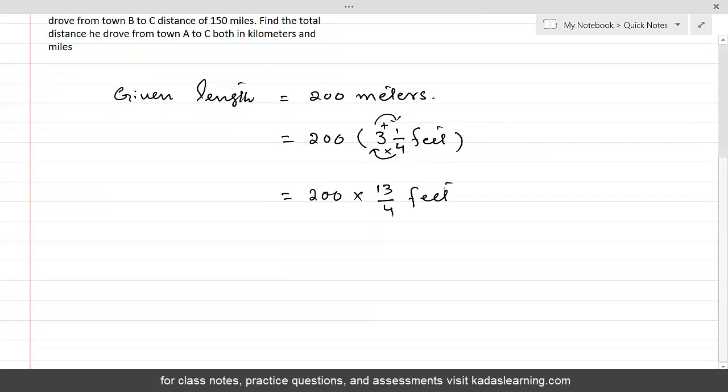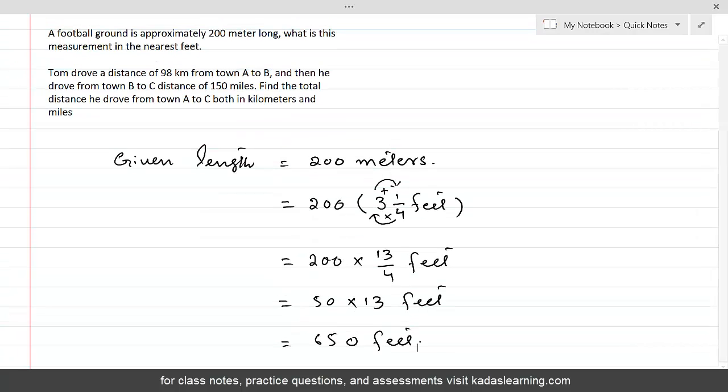Now 13 will multiply with 200 and then be divided by 4, or otherwise we can divide 200 by 4. This will give us 50 times 13 feet, and 13 times 50 is equal to 650 feet. So this is how long it would be in terms of feet.